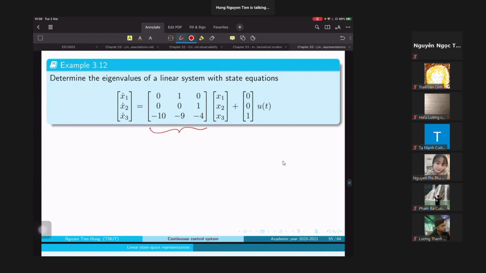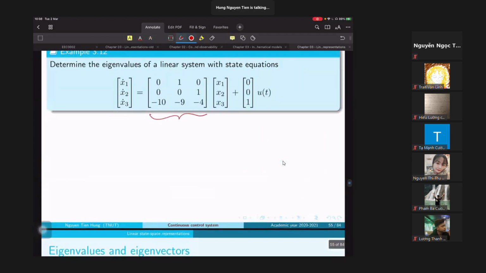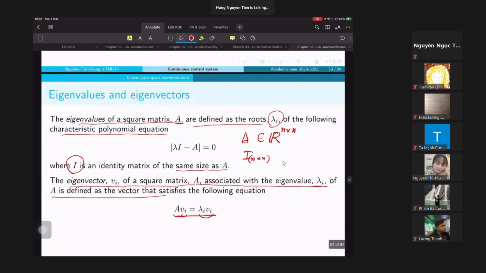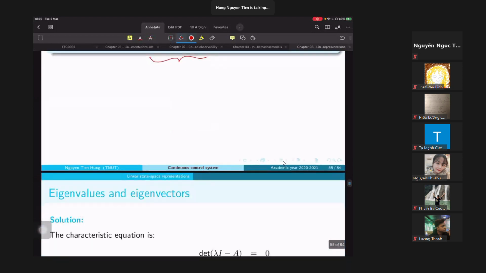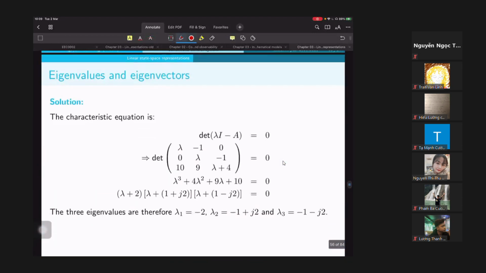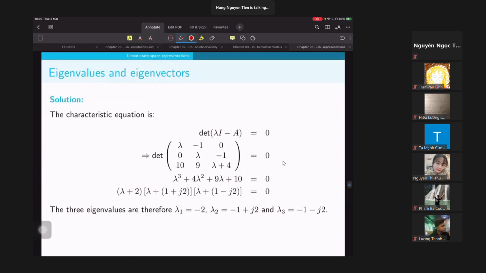To find them, we apply the characteristic equation: take lambda I minus A, where A is the system matrix, find the polynomial in lambda, and then find its solutions, which are the eigenvalues. This is another way to denote the determinant; you see, we have the determinant of lambda I minus A.